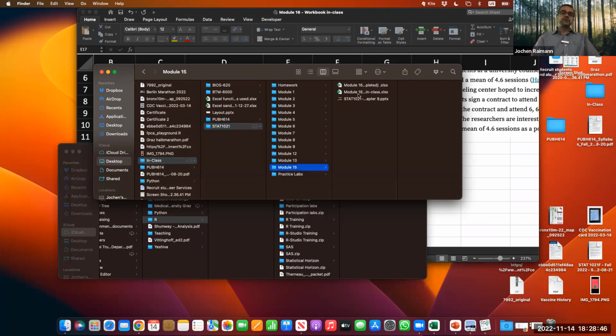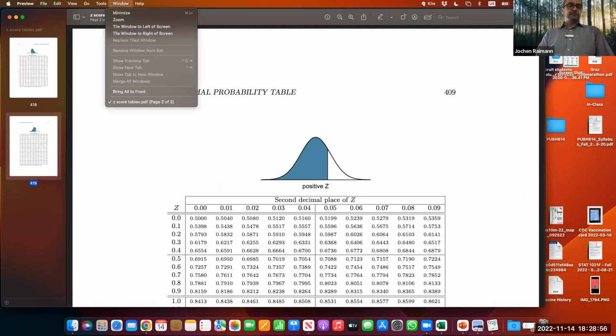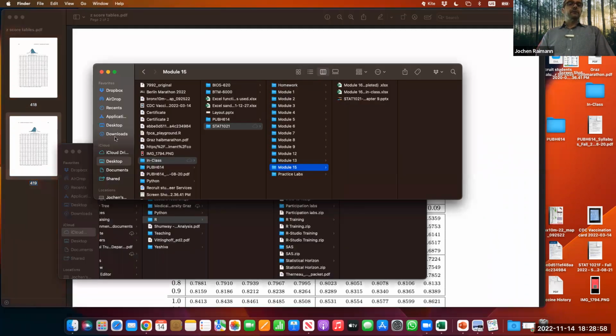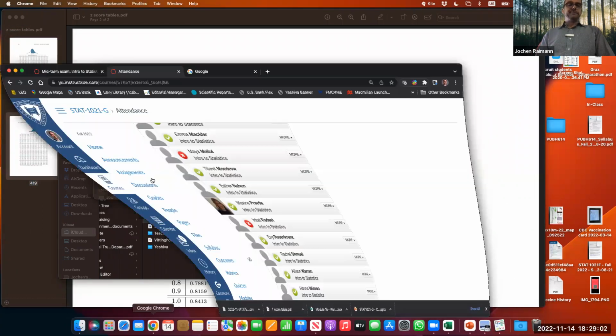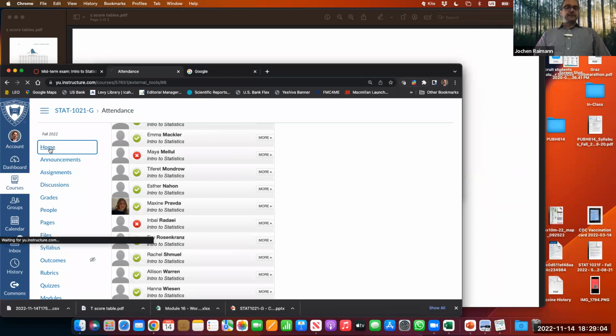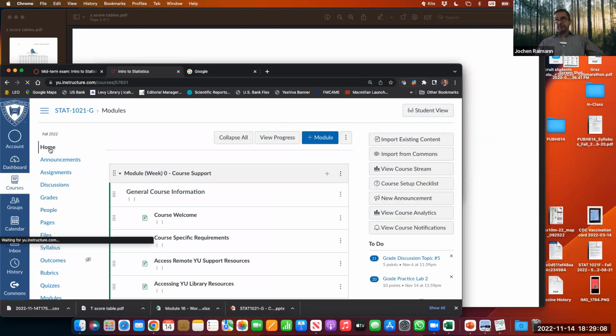We have percentages. So on the module, you have the examples, you have the PowerPoint presentation, and you have a T-score table.